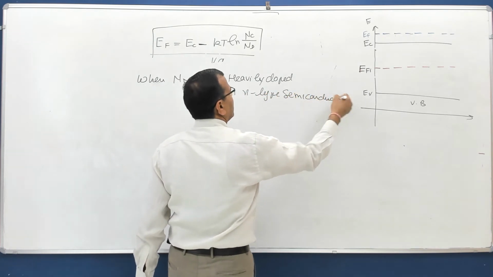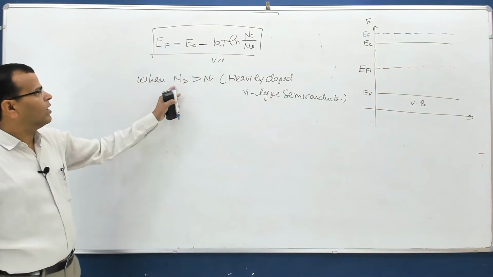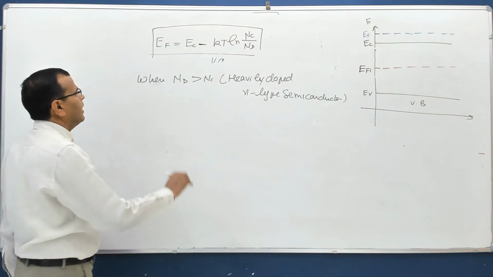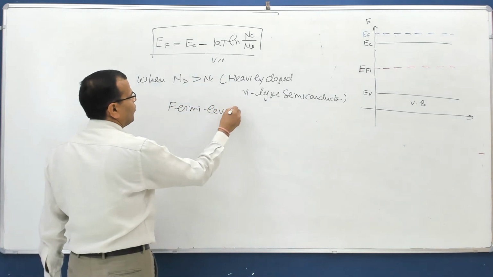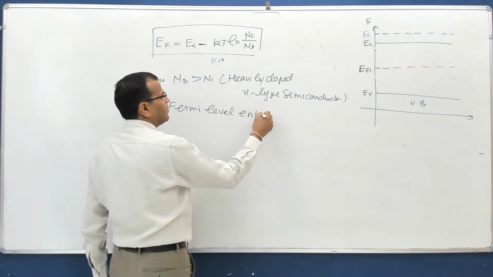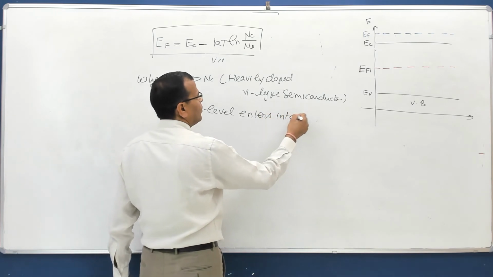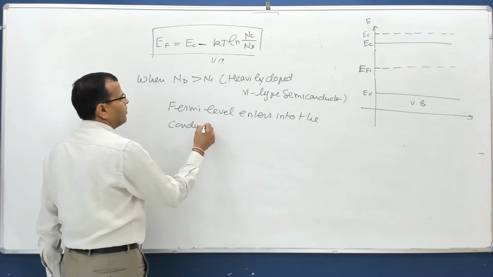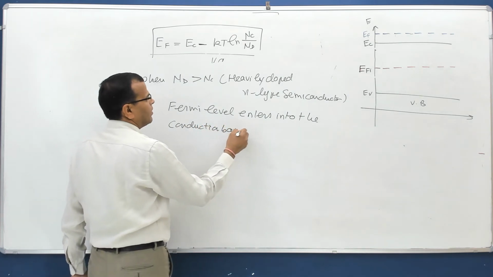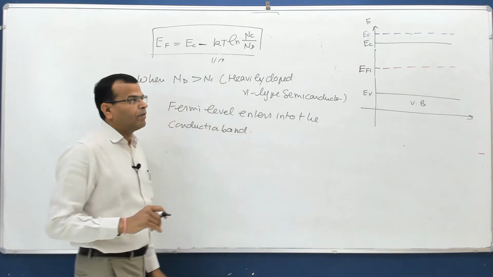So when your donor concentration is high, the Fermi level enters into the conduction band. That is what you have.